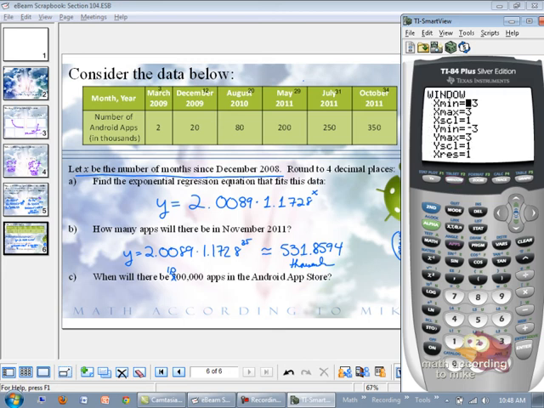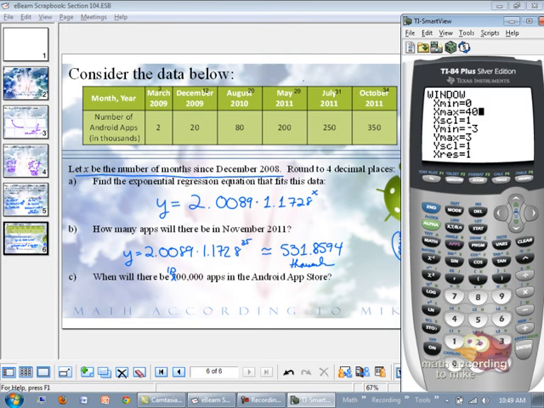As for the window, time can't be negative, so we're going to say from 0 to, let's just say 40. That means we're starting at December 2008 all the way to approximately then.